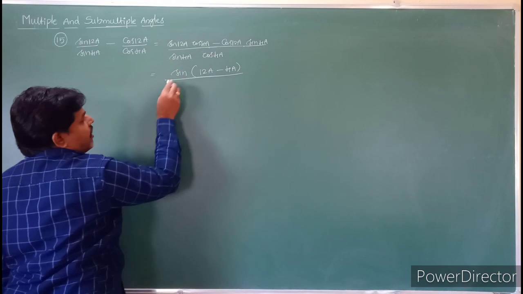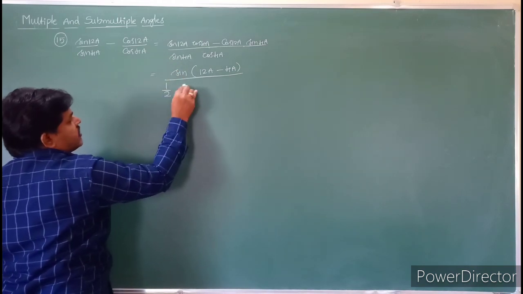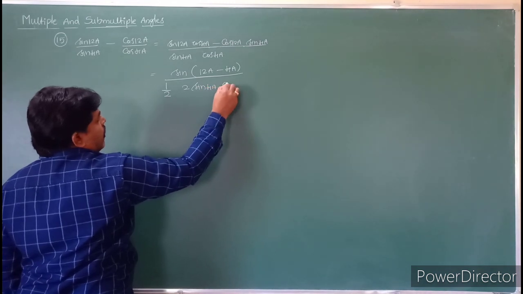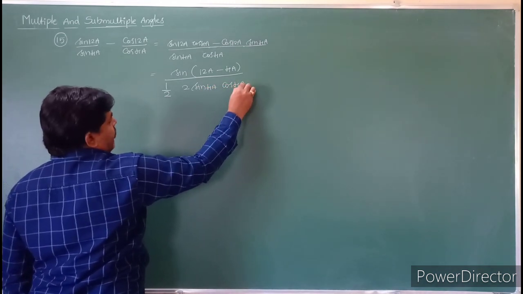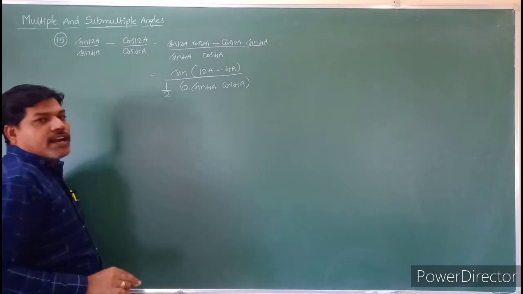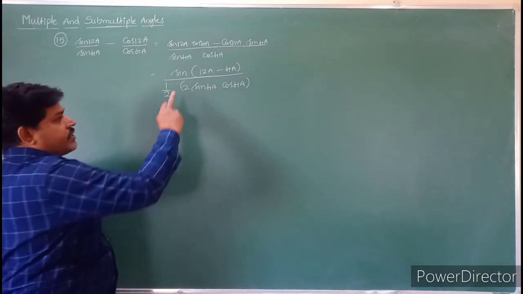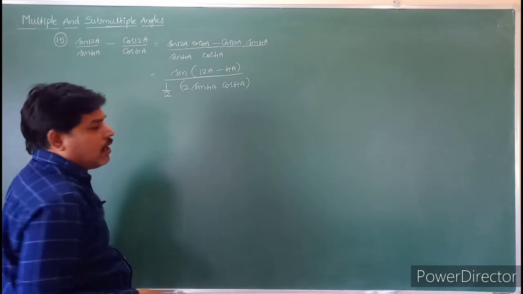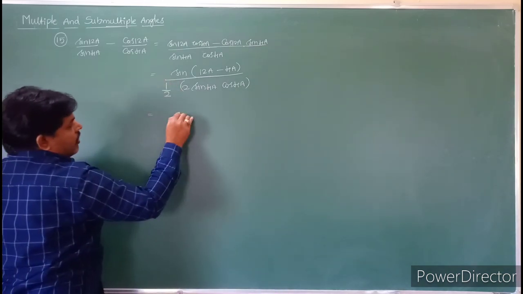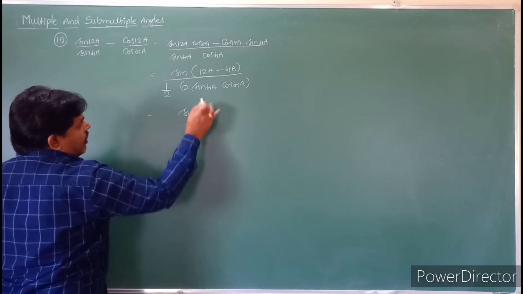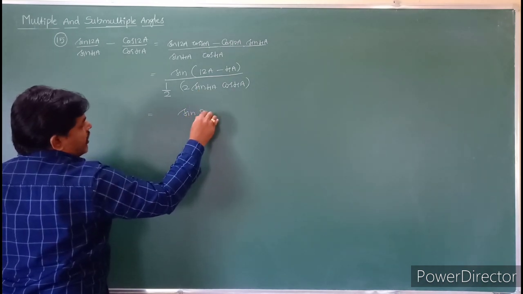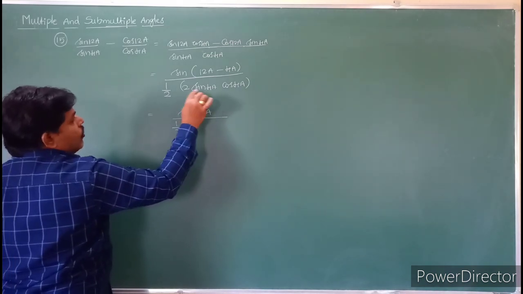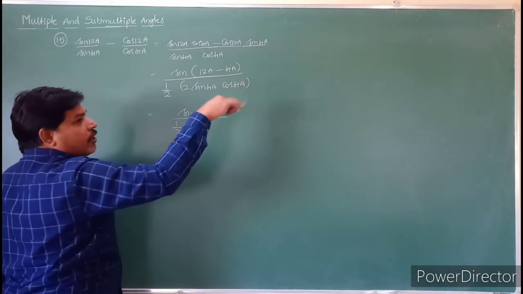If you multiply and divide by 2, you can write it as 2 into sin 4a cos 4a. Just multiplied and divided. Why? Because it is in the form of 2 sin theta cos theta, then it will become sin 2 theta. So in the numerator, it will become sin of 12a minus 4a, which is 8a, by 1 by 2 into 2 sin theta cos theta, which becomes sin 2 theta.